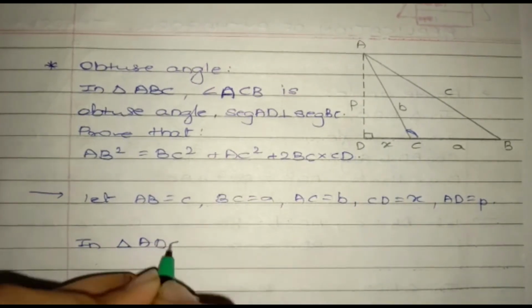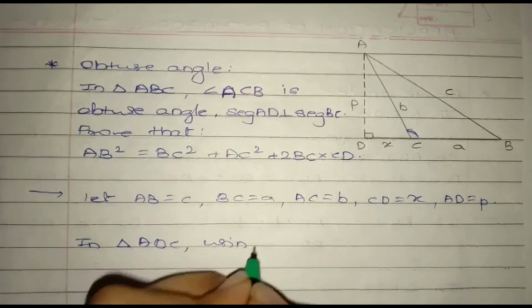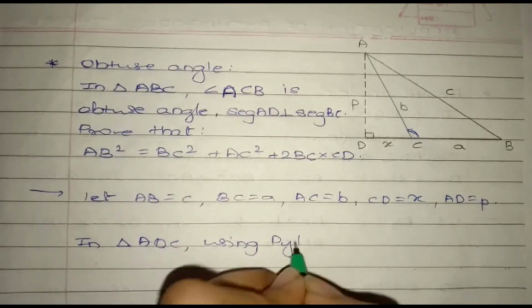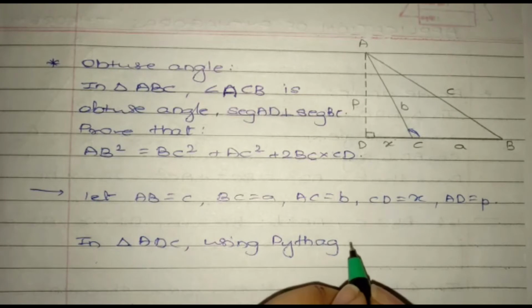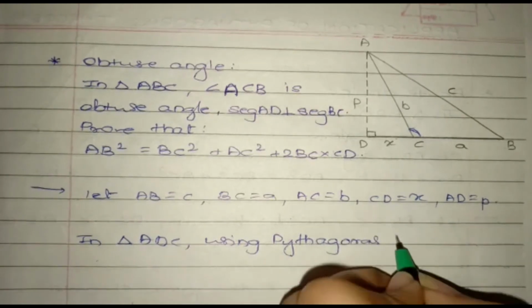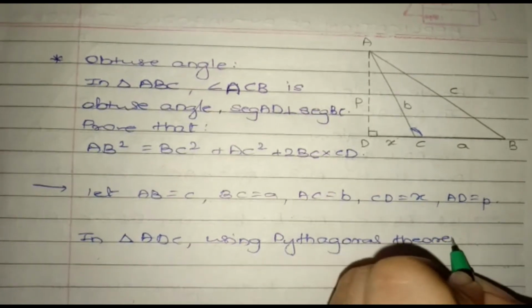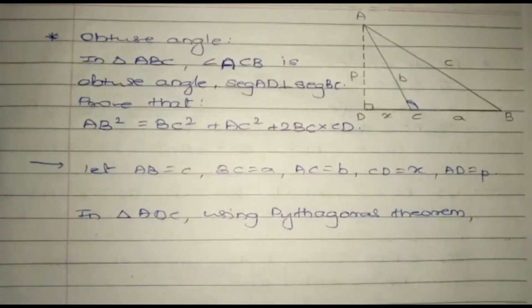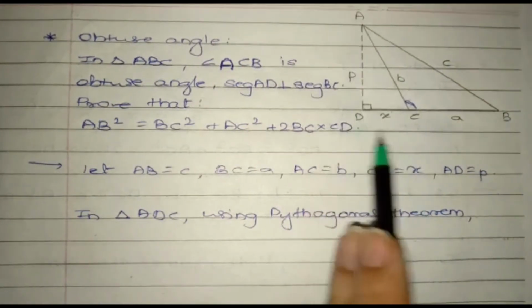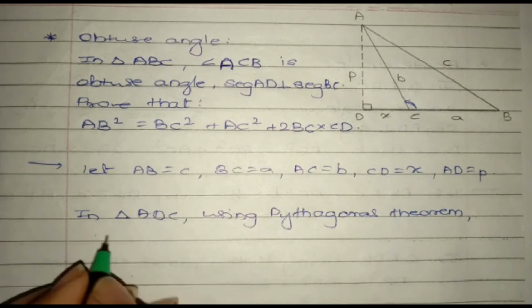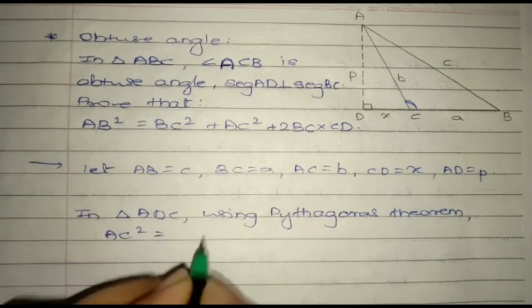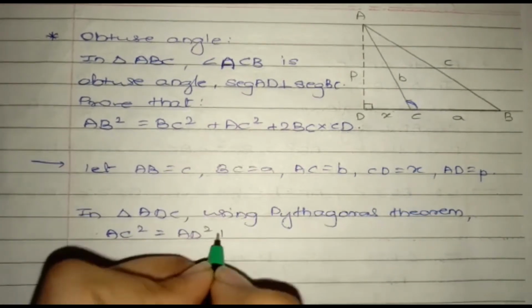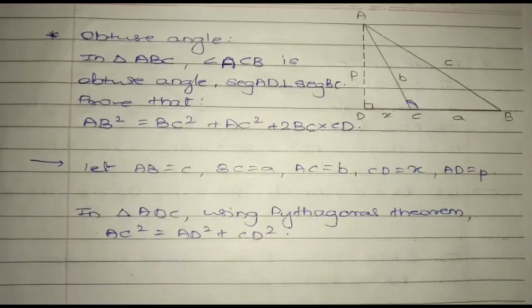In triangle ADC, using Pythagoras theorem, what we will get? AC square is equal to AD square plus CD square.